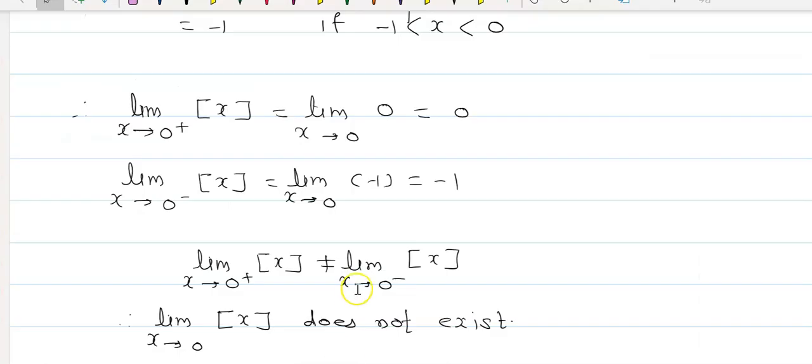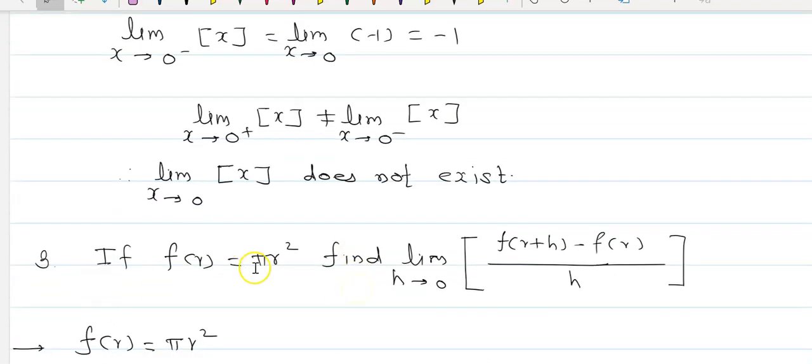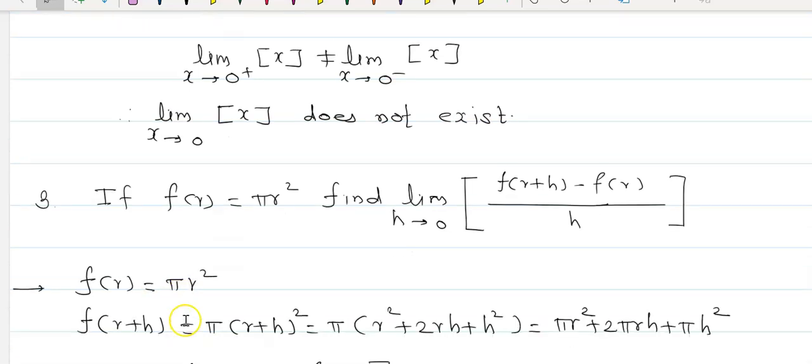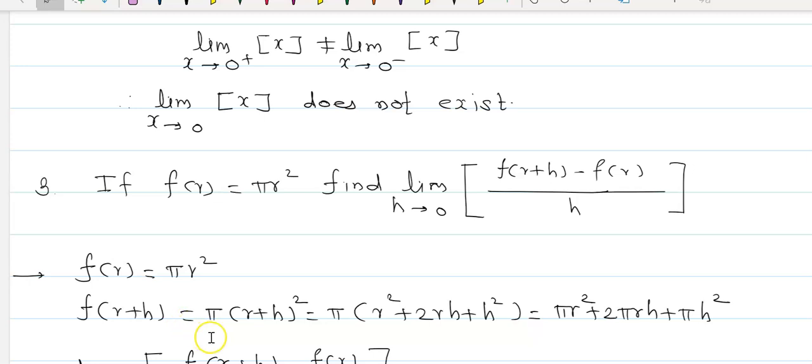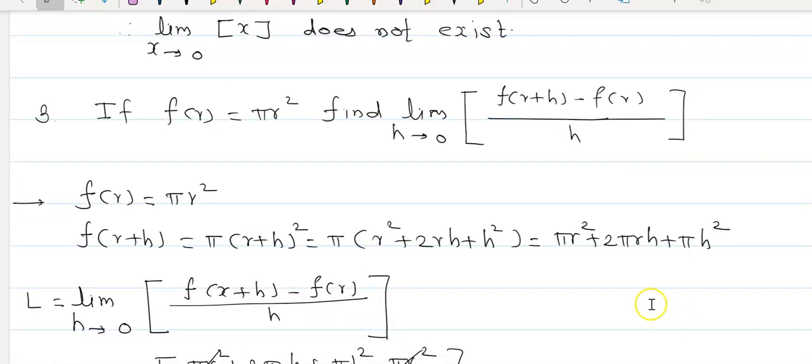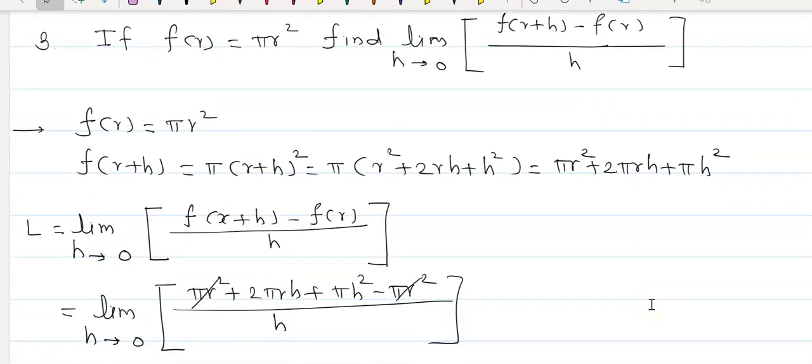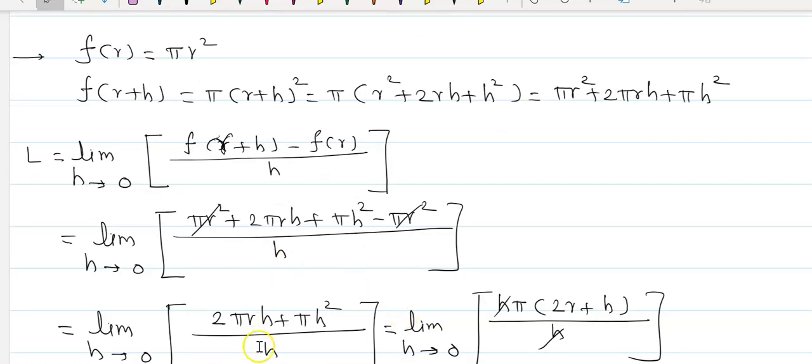Now see this again here. f of r is equal to pi r square. Limit h tends to 0 of f of r plus h minus f of r upon h. f of r plus h is equal to pi in bracket r plus h squared. Expand this, substitute the value, simplify, get cancelled.